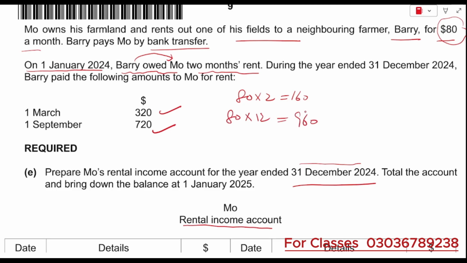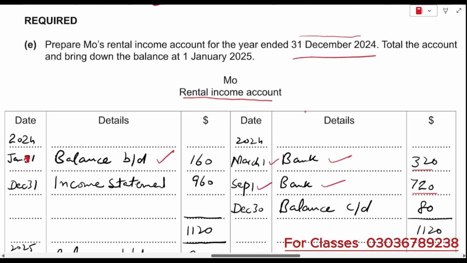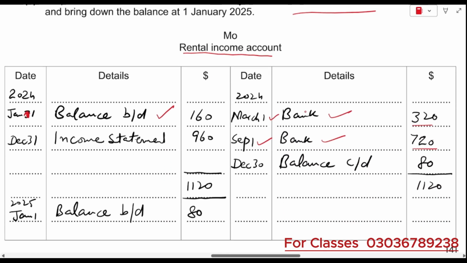So it will be 960. We will write this 960 on the debit side. Remember, the income statement always appears on the debit side of any income account. All income accounts contain the income statement entry on the debit side. And if it were an expense account, then the income statement would appear on the credit side.